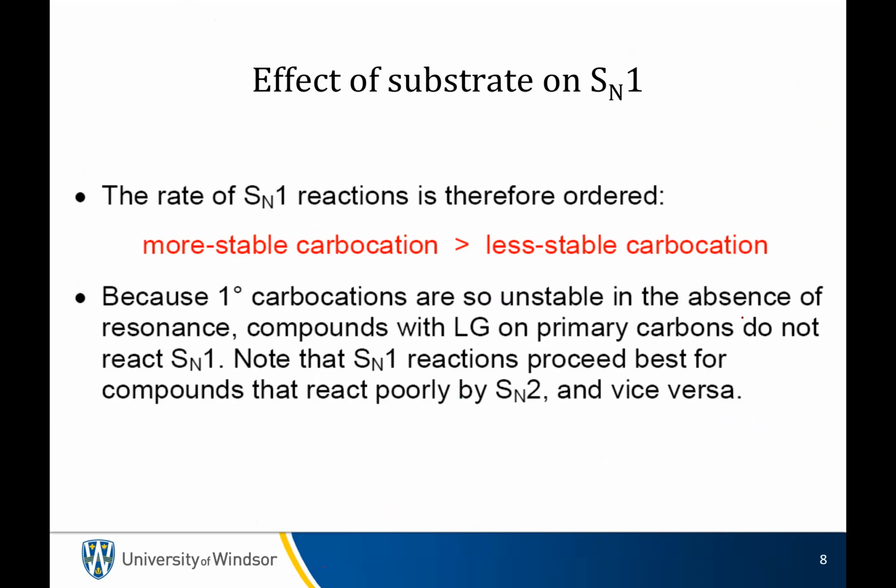A methyl carbocation is even less stable than a primary carbocation because it has much worse hyperconjugation. And so there is no chance to generate CH3 plus from just a leaving group leaving in an SN1 reaction. There are ways to do it, but not this way. And a primary is very unlikely to happen.